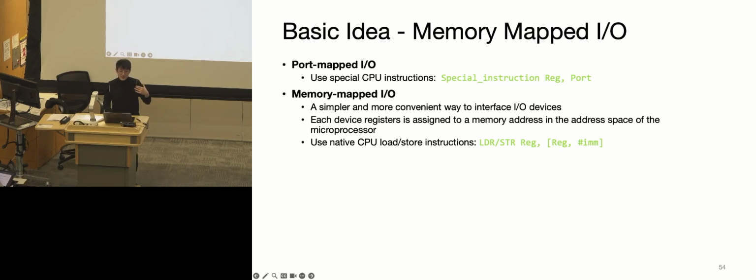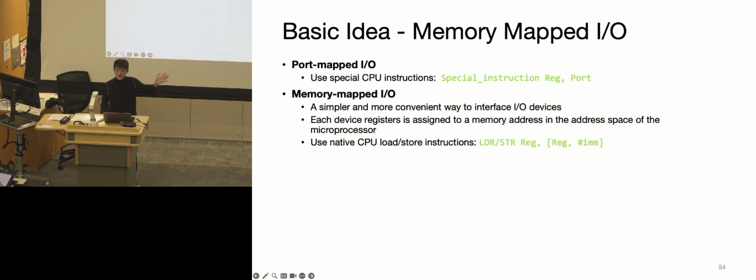But in our case, the embedded system, the Cortex-M, we use this MMIO system that has a memory address assigned to all the ports, peripherals, and external devices, if any, and treats them all the same as a memory address. It's more convenient and simpler for us to interface with any of the I/O devices.